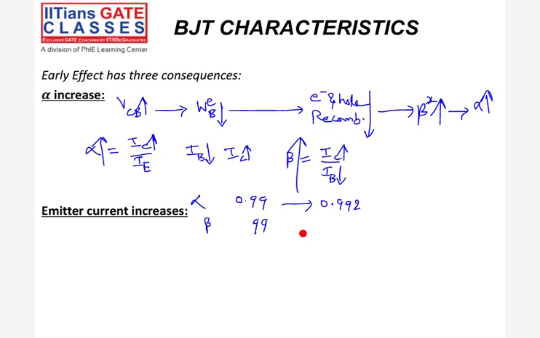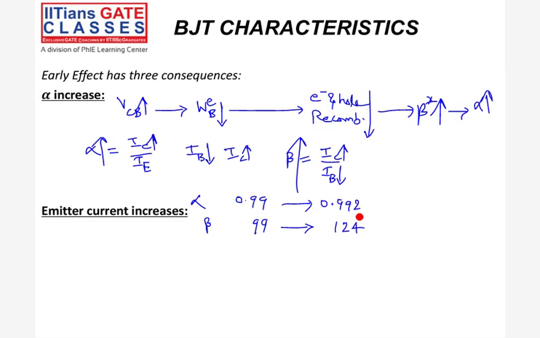It was 99. Now how much will it be? It will be 124. You just calculate by taking this alpha, you calculate beta, you will get this. It is 124. You can see there is a minute increment in alpha, but we have a large increment in beta. That change we can see here.